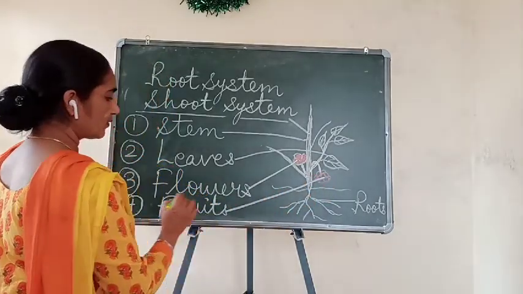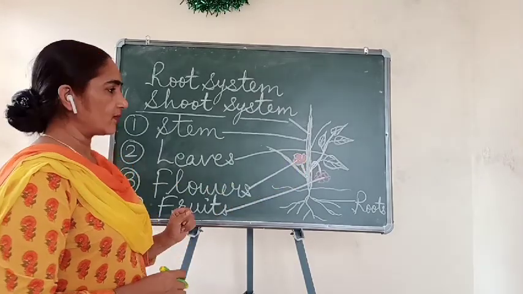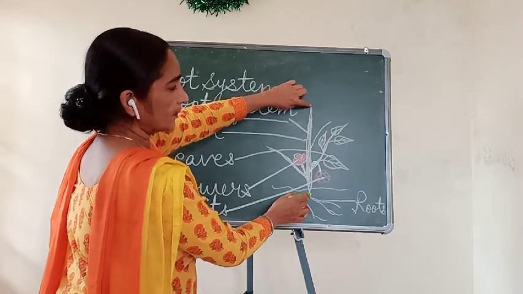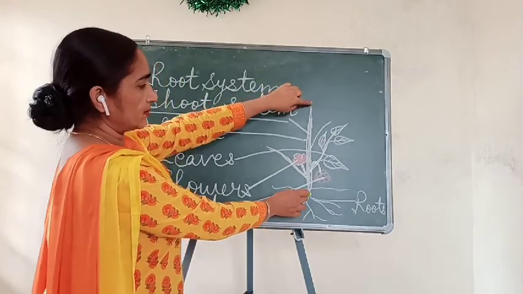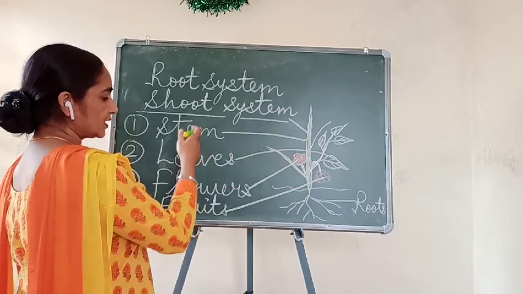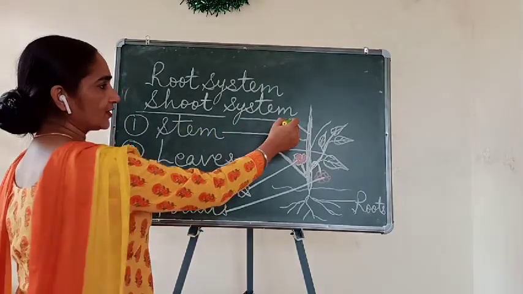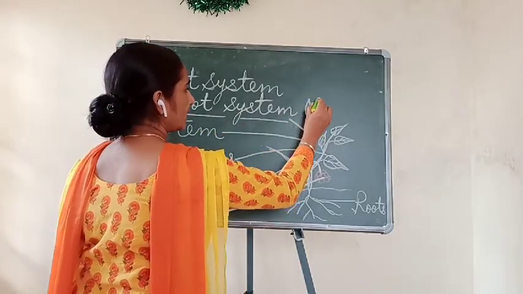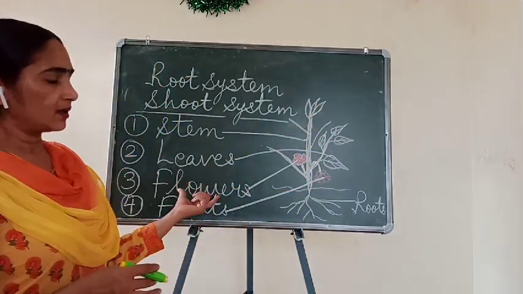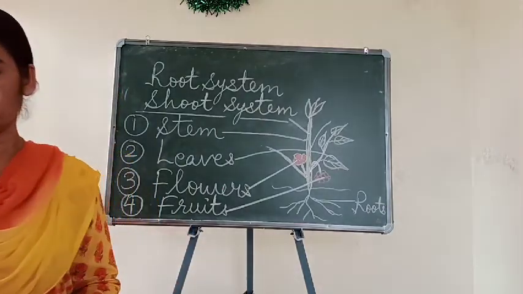So this is a fruit and this is a flower. Children, this much part is called the shoot system. Shoot system means all these parts come under the shoot system. After this we will read one by one about all these parts, and I'll explain from your book. So let's read.